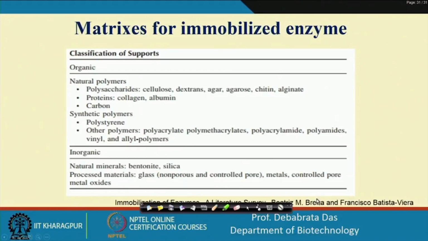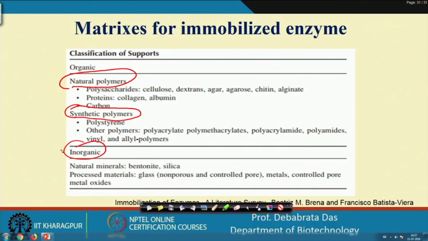Now, if you look at the examples of the solid matrix, there are numerous. It can be divided into three different types: one is natural polymer, another is synthetic polymer, and the third is inorganic. So there are three different types of immobilization solid matrix. Now, in natural polymers, we have polysaccharides like cellulose, dextran, agar, agarose, chitin, and alginate. Proteins, we have collagen and albumin.